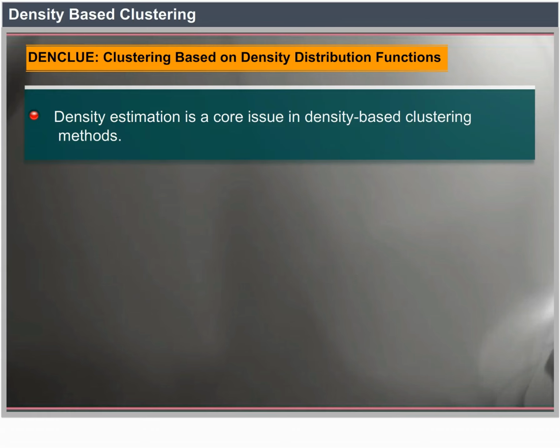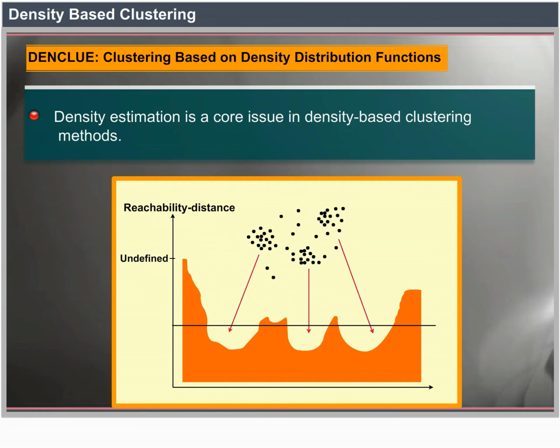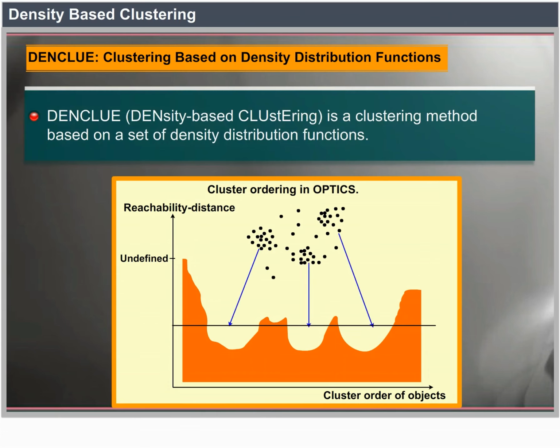DENCLU: clustering based on density distribution functions. Density estimation is a core issue in density-based clustering methods. DENCLU, density-based clustering, is a clustering method based on a set of density distribution functions.